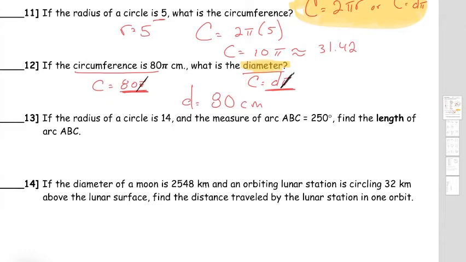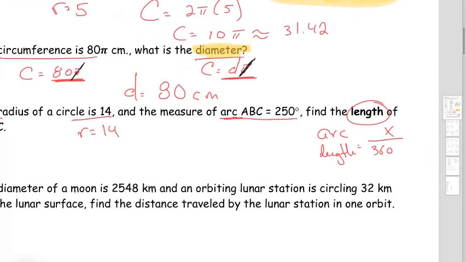13. It says the radius of a circle is 14, and the measure of the arc ABC is 250 degrees. They want us to find the length of arc ABC. So they're asking for arc length. Remember, for arc length we use the formula x, which represents your central angle, over 360 times circumference, which is 2 pi r.